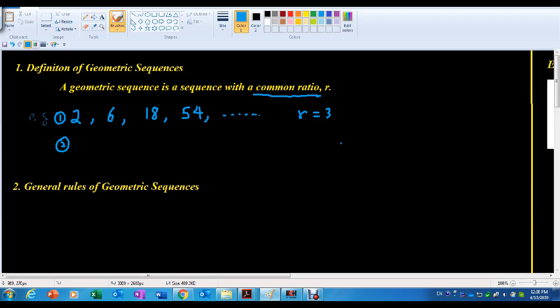Let's start with 32 as the first term. How about the next term? Because the common ratio is 1/2, each time we multiply by 1/2. It becomes 16, next one 8, next one 4, next one 2. So that's another one.